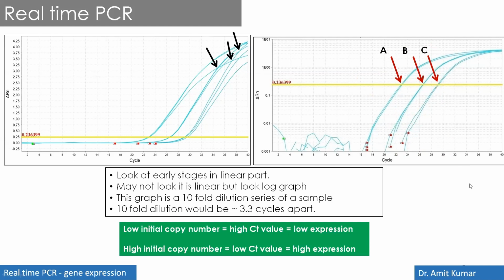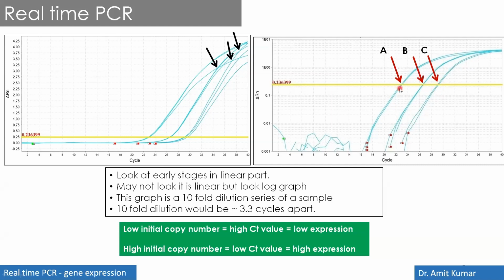So what does it represent? It represents that if initially you have a low copy number, it will take more time to reach the threshold value. So if the expression is high, you will reach the threshold limit much before than in the condition where the expression is low.